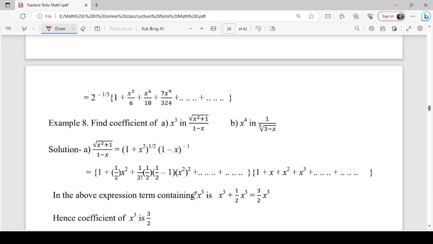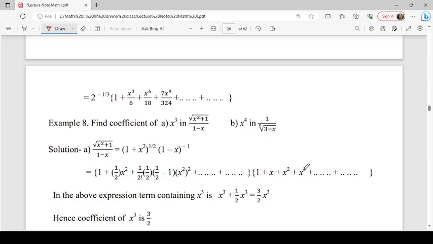So first is 1 into 1, then the power x square. If we multiply x square by 1, we get a term containing x square. Then it is x to the power 4. We need the coefficient of x cube.